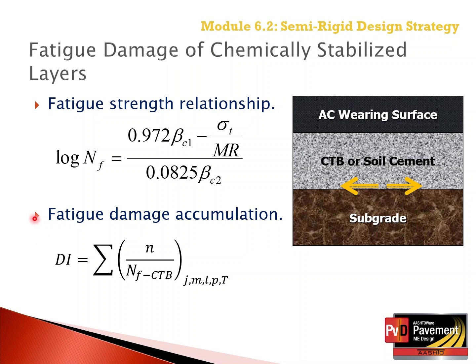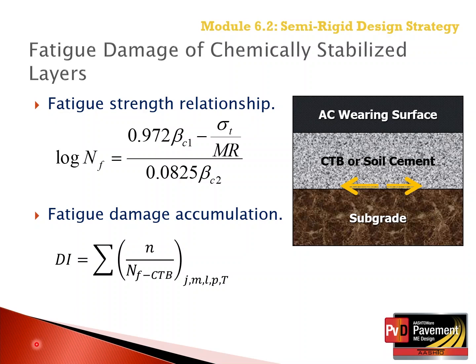The fatigue damage accumulation is determined by accumulating the incremental fatigue damage, in other words, actual number of load applications divided by the allowable number of load applications, on a traffic basis, different types of trucks, different types of axle loads, as well as in different seasons and years within the design life of the pavement.